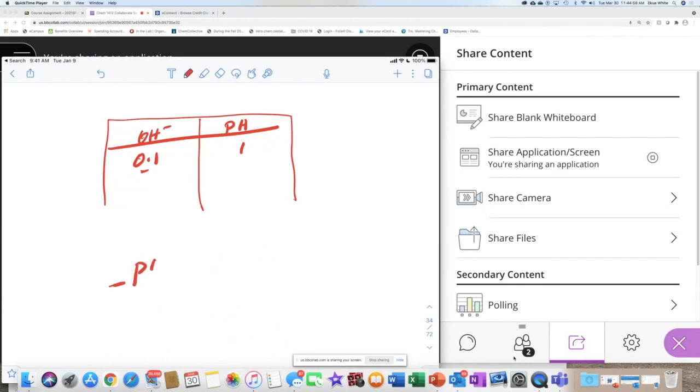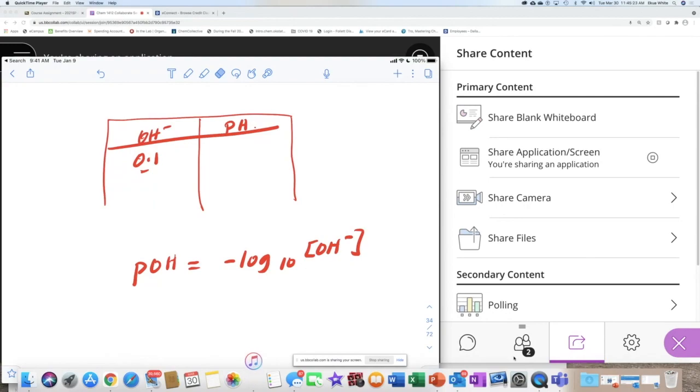POH equals negative log base 10 of OH minus. But they want pH here, not POH. So you go ahead and solve for the POH first, but that's one step before the pH. So it's an indirect path to pH.